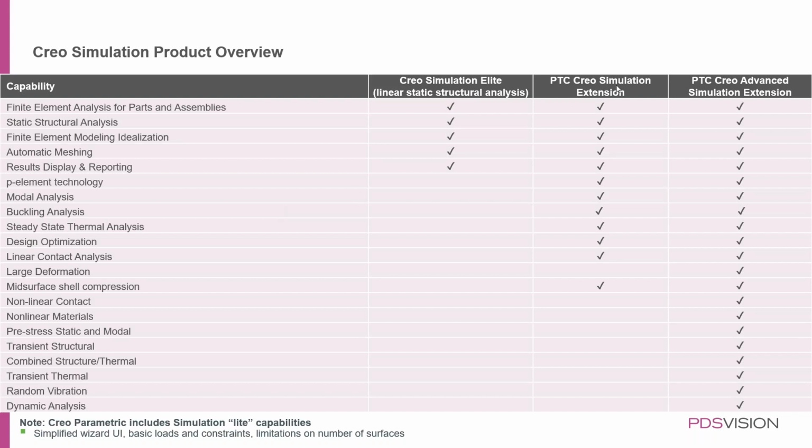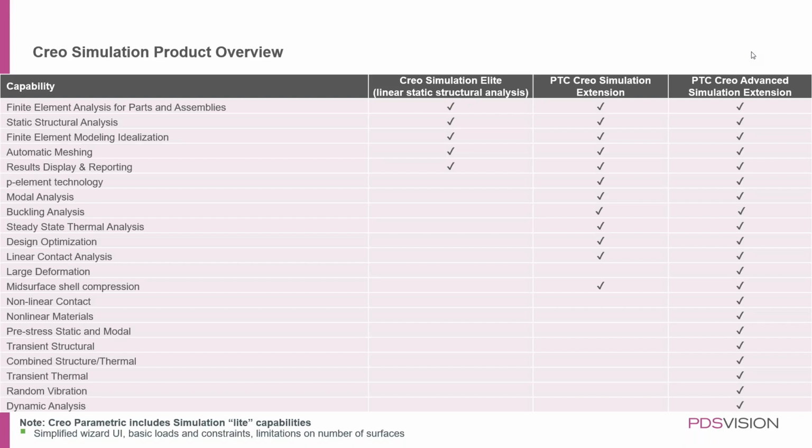Going to the second column, Simulation Extension. That is going to cover a lot of the tools we talked about today. So modal analysis and buckling analysis, steady state thermal analysis, and shells and idealizations. Those are all going to be covered in this middle license tier. Lastly, we have Creo Advanced.